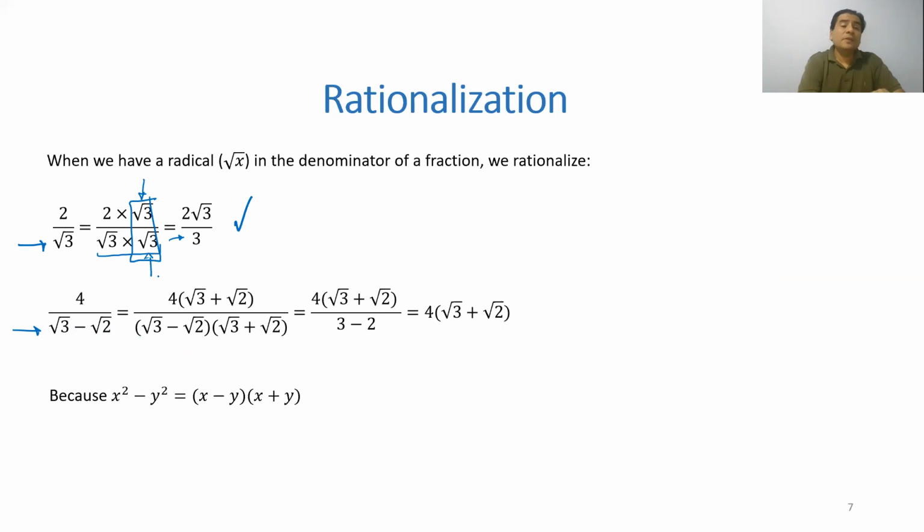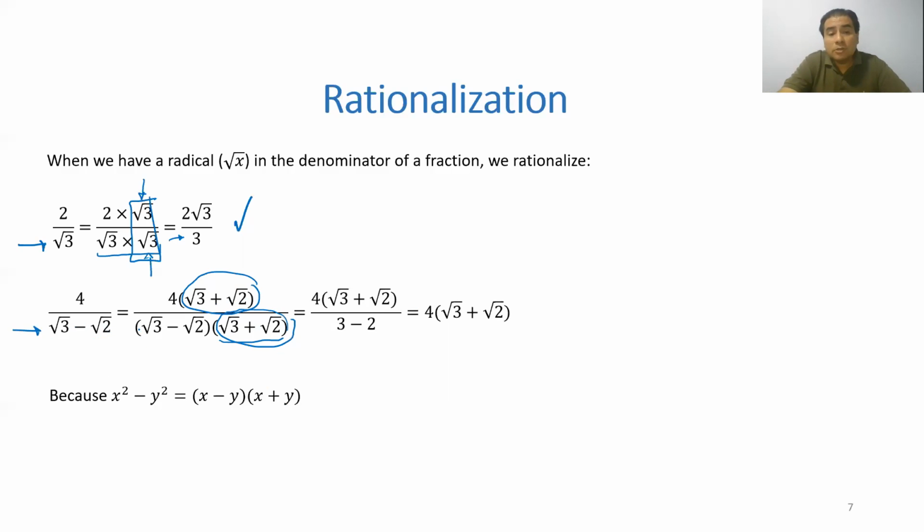For example, if it is a subtraction, we would multiply by the sum of these two terms. And if it were an addition, we would multiply by the difference. So here, multiplying by this and by this, both up and down, we get actually the same expression. We are just changing its look.